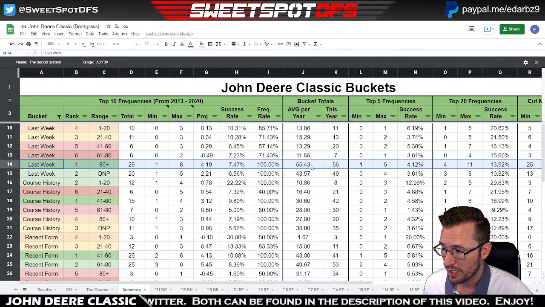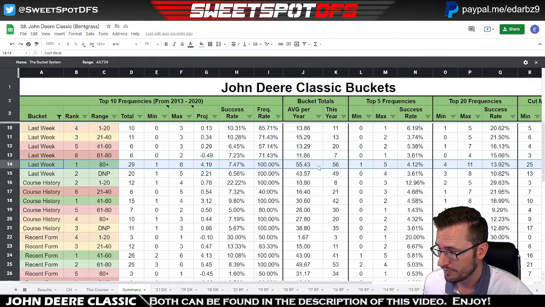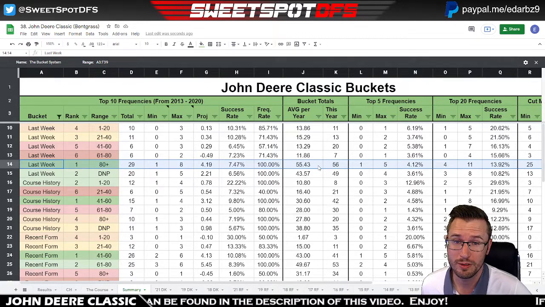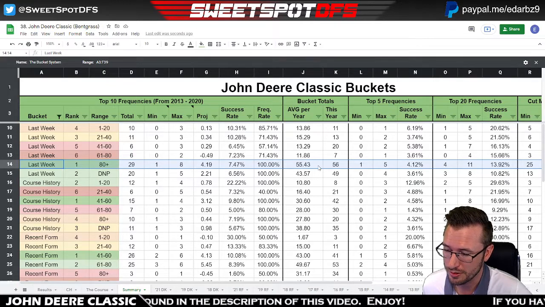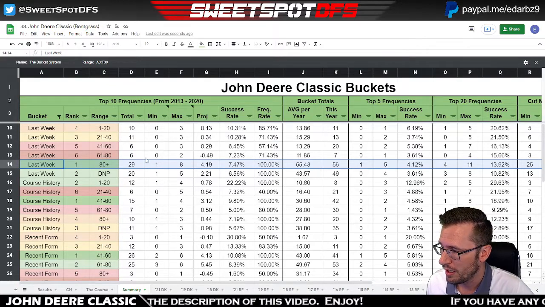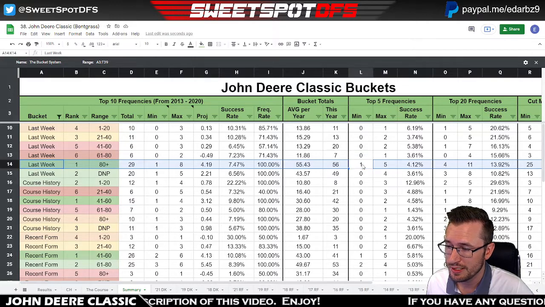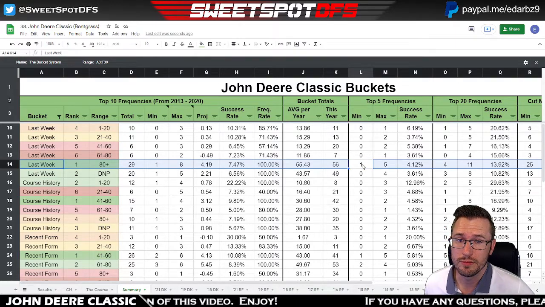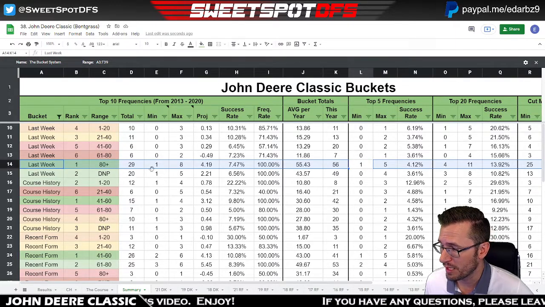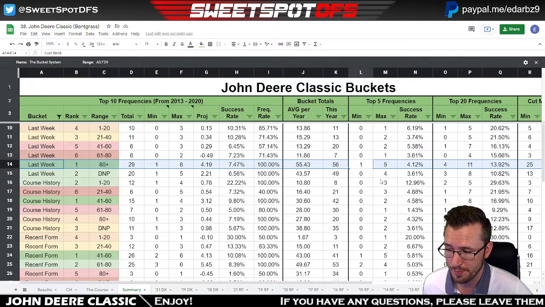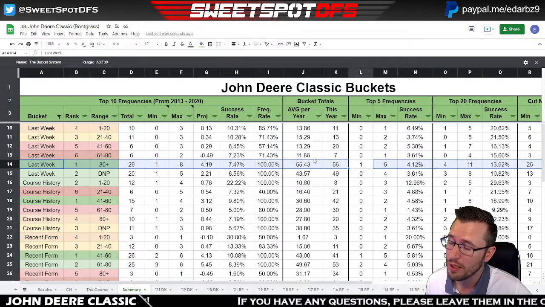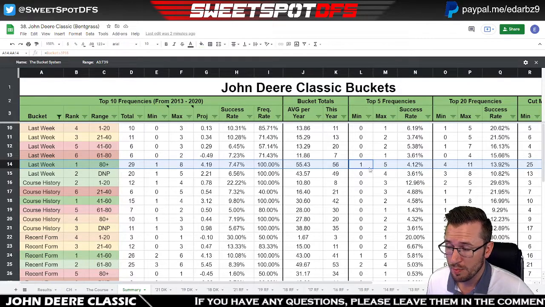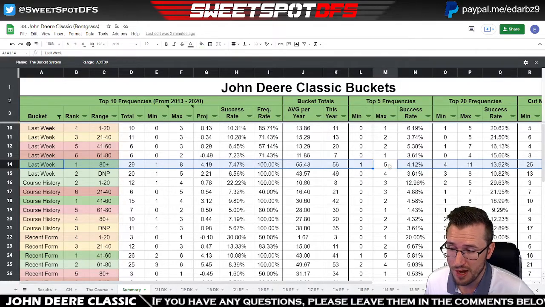But yeah, right on par. Inside the top 5, we see at least one every single year. So this is a good bucket. Target those golfers that missed the cut. I know there's 56 of them. Find your favorite one, and you can play up from 1 up to 5, I would say.